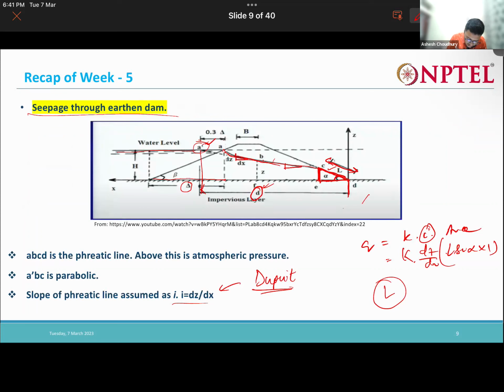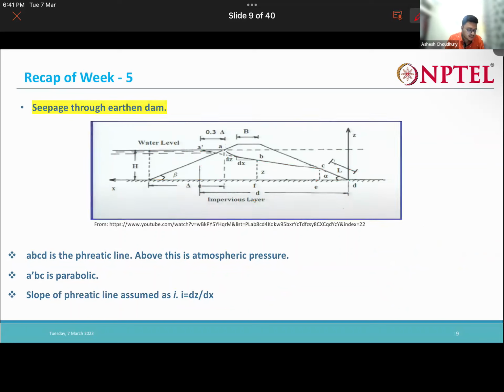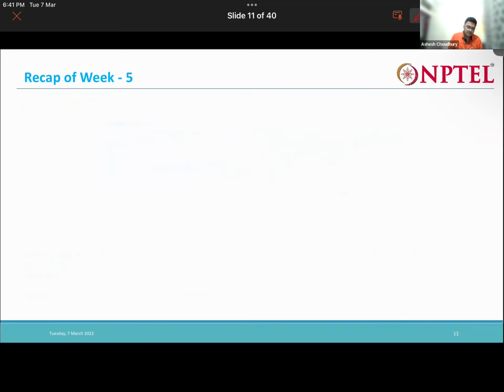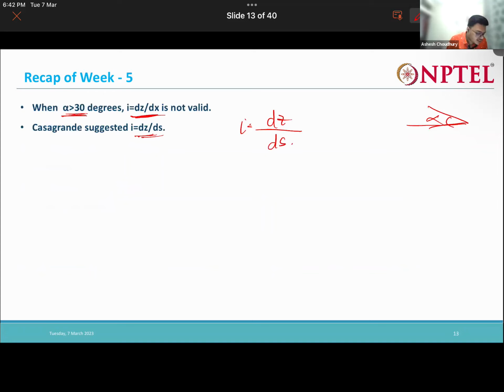So if I draw it again, this is my dx, this is my dz, and this length is my ds. So he said that it's better to take my hydraulic gradient as I equal to dz by dx. Using this relation, we again derive everything.